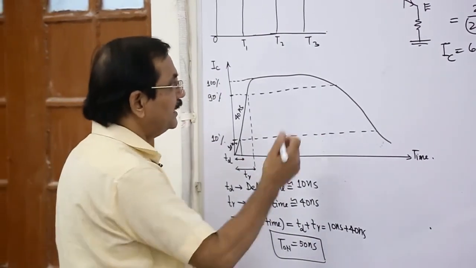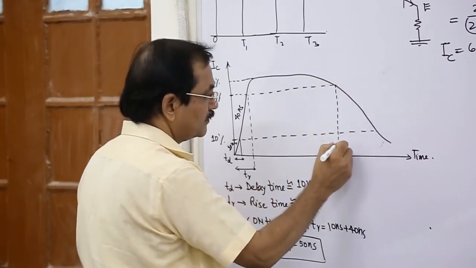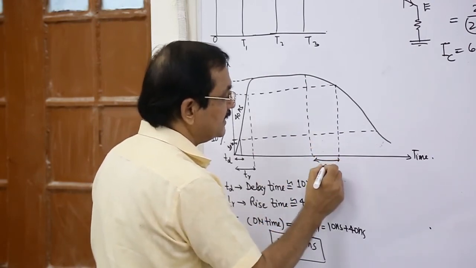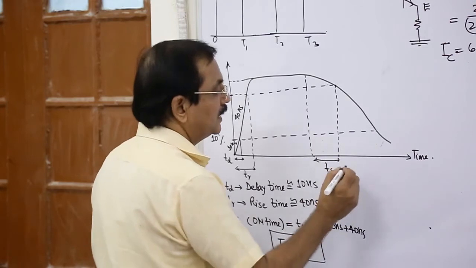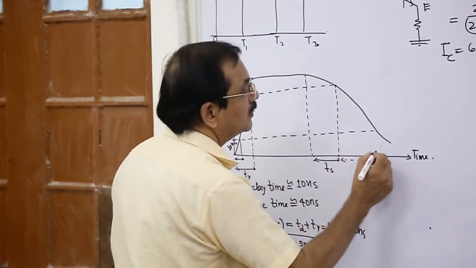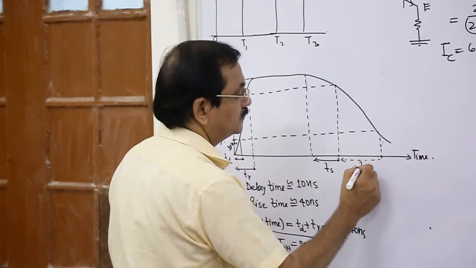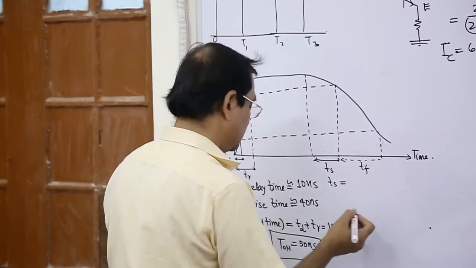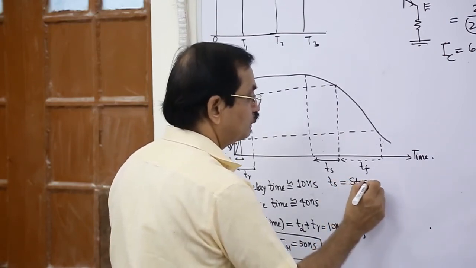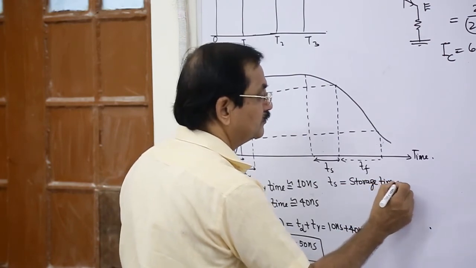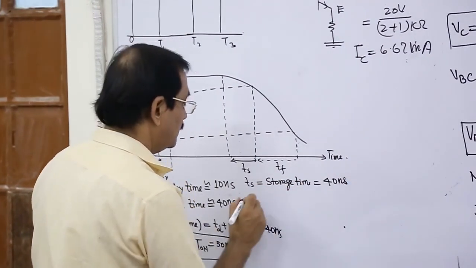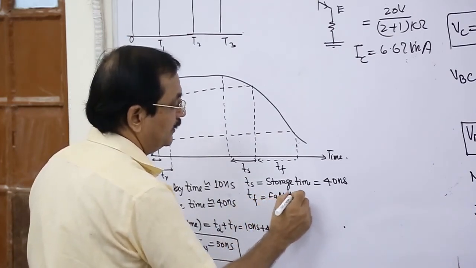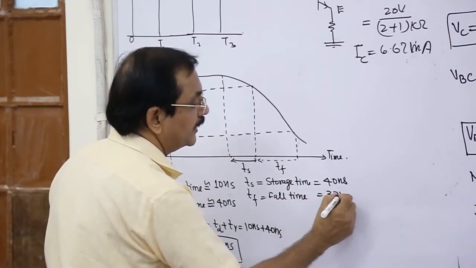Now, in this case this is Ts, storage time, and this is Tf, fall time. Storage time is 40 nanosecond and fall time is 30 nanosecond.